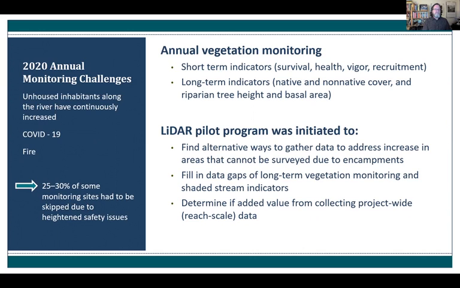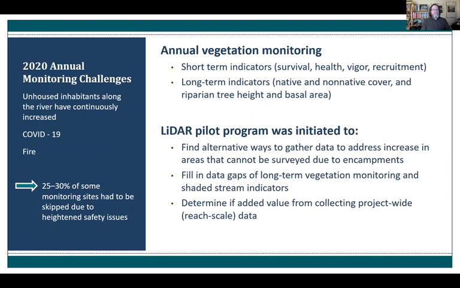One of the challenges we faced after many years of doing fairly routine monitoring: in 2020, things changed. We had this combination of the worldwide pandemic, COVID-19, coupled with increased usage and distribution of human encampments along the riparian zone, coupled with threats from fire. Because of these safety hazards, over 25 to 30% of some of the monitoring sites were not able to be visited on the ground.